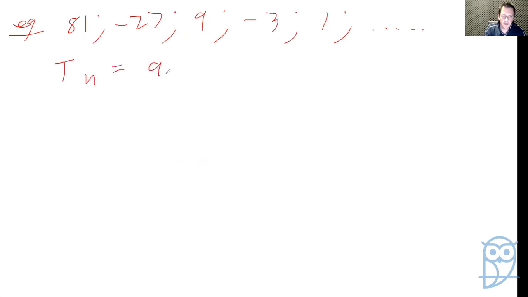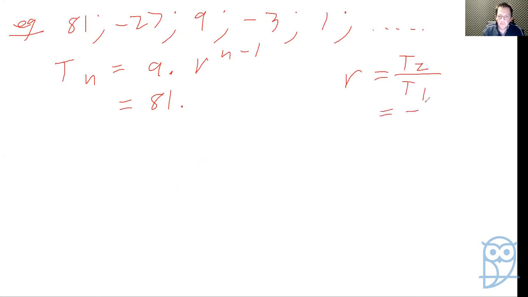So Tn is a times r to the n minus 1. Great. A is 81. There's no problem with that. But now, the question is, what are we going to do about r? So r is what are we multiplying each time? And if you can't see immediately how to find r, you can simply take T2 and divide it by T1.